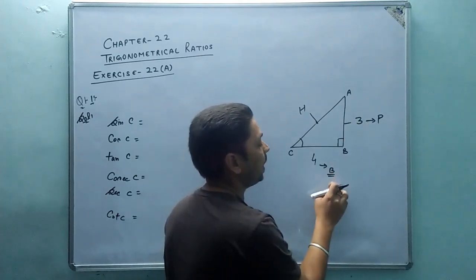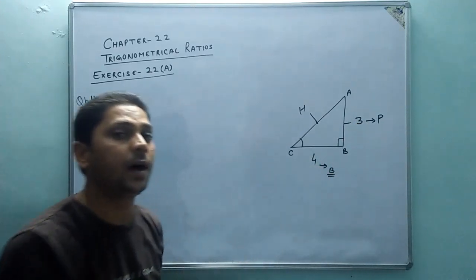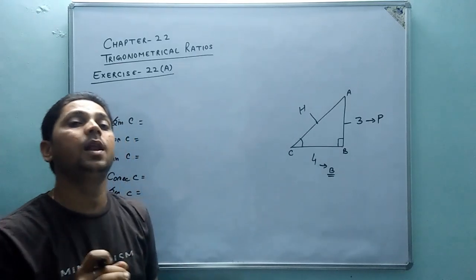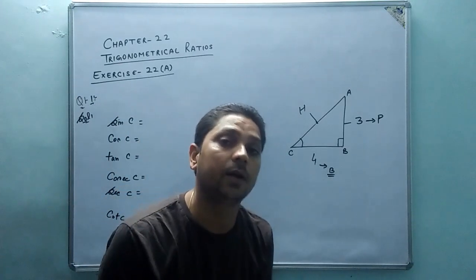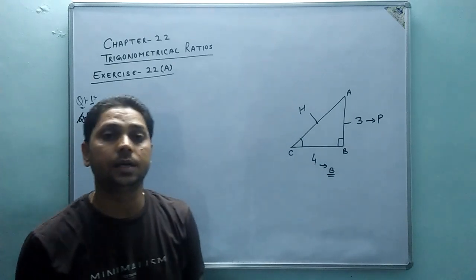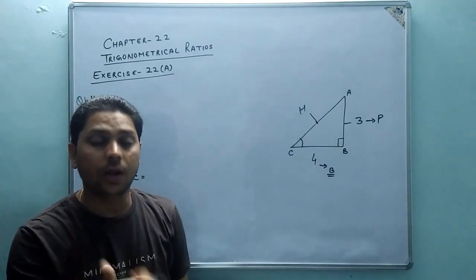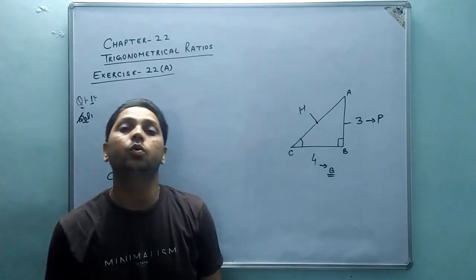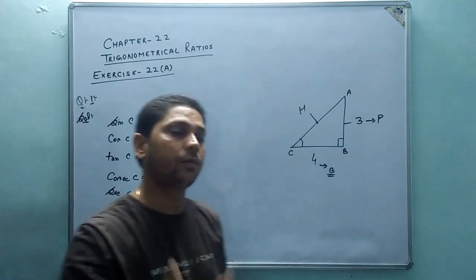Now we have perpendicular, we have base. Perpendicular is 3, base is 4, but we do not have the hypotenuse, that is the longest side. So in this case we will apply the Pythagoras theorem. According to Pythagoras theorem, the square of the longest side is equal to the sum of the squares of the rest of the two sides.